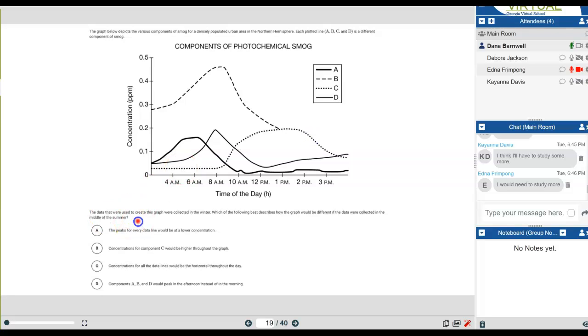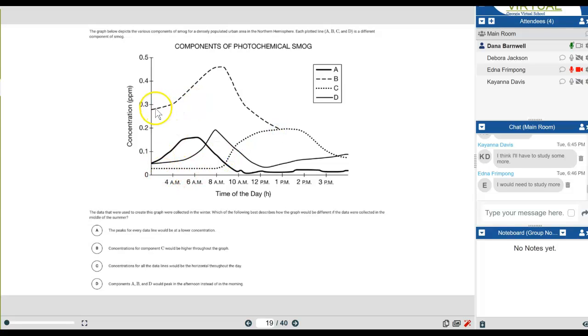For this particular question, the data used to create the graph was collected in the winter. So this is still wintertime, right? Which of the following best describes how the graph would be different if the data was collected in the middle of the summer? What do you think might happen to this line right here?